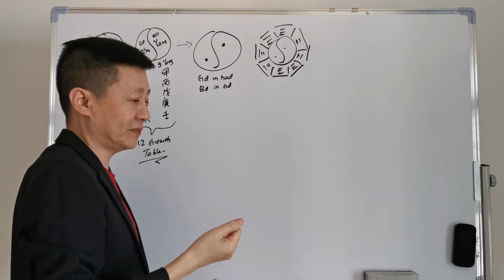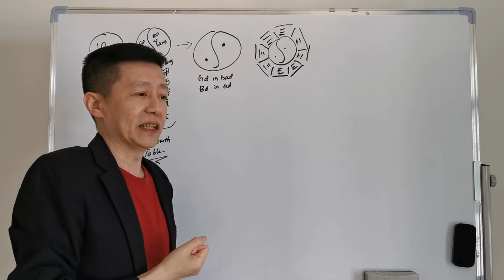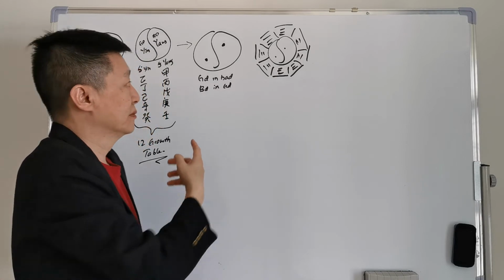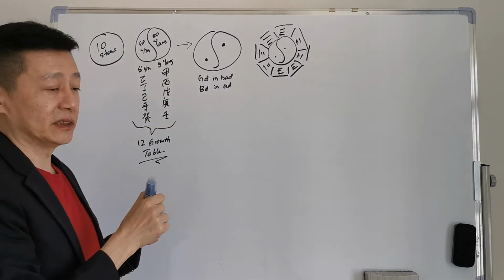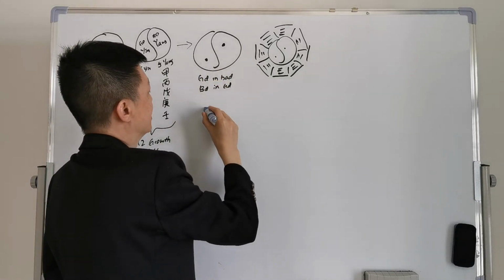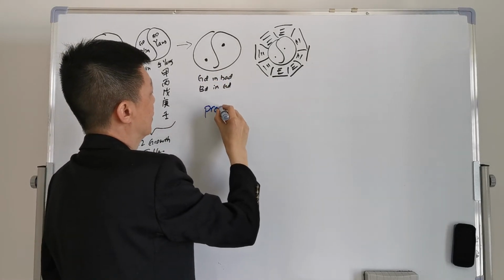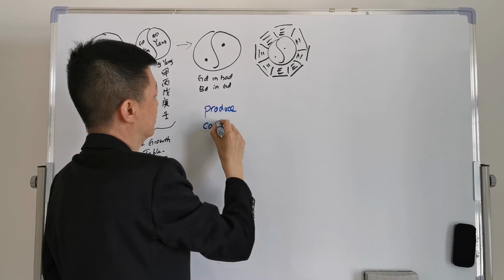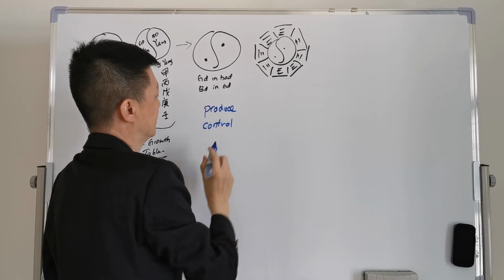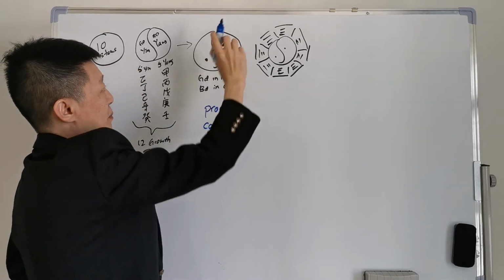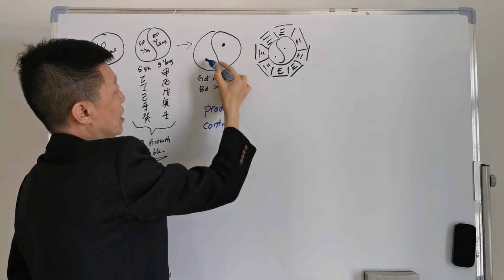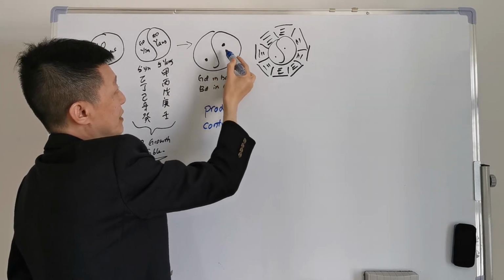So this part they are talking about produce and control. One is produce, one is control. So some produce is actually control, some control is actually produce.